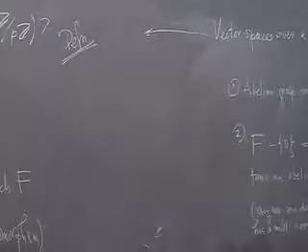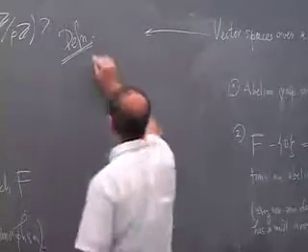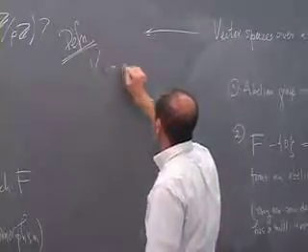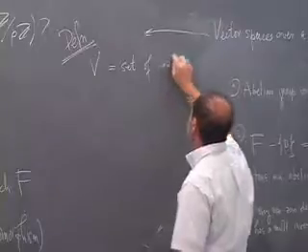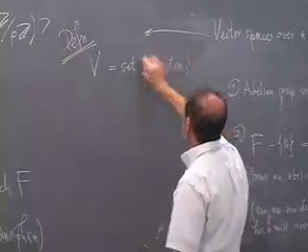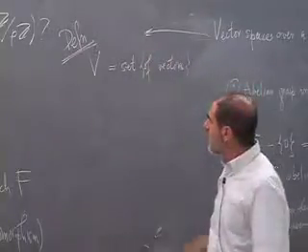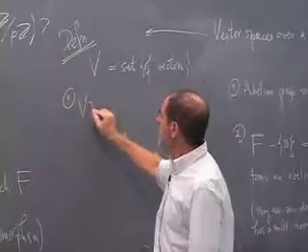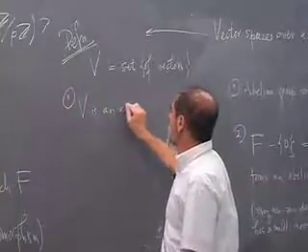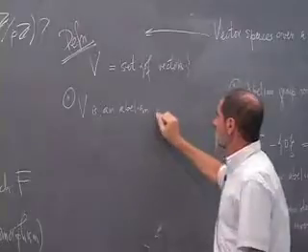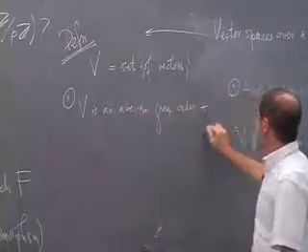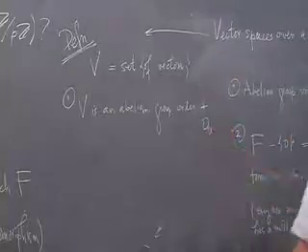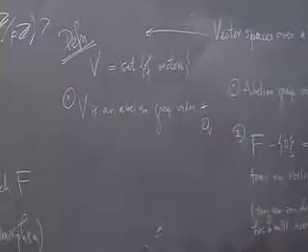Okay, so a vector space over a field is a set V, a set of vectors, with the following properties. 1, V is an abelian group under addition with identity element 0_V, just like it was for the real numbers, et cetera, et cetera.